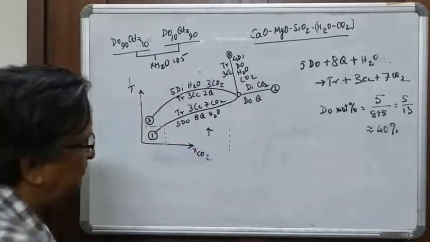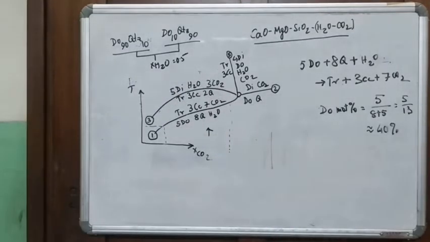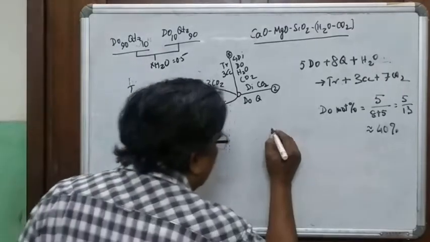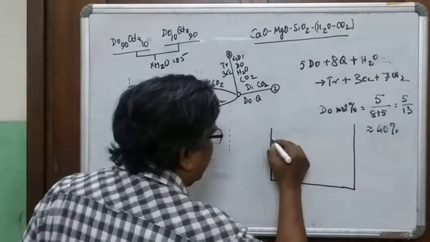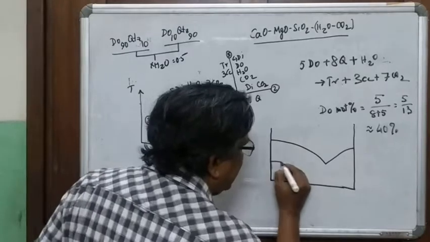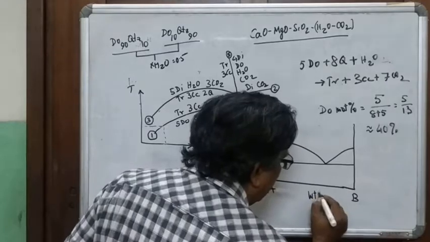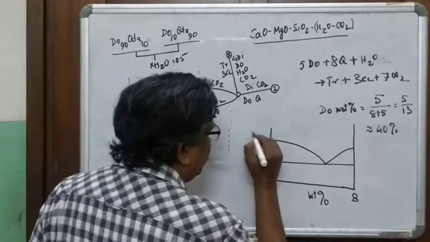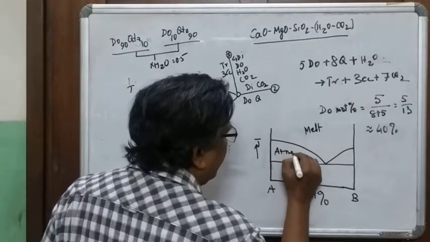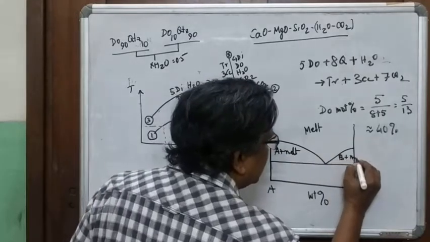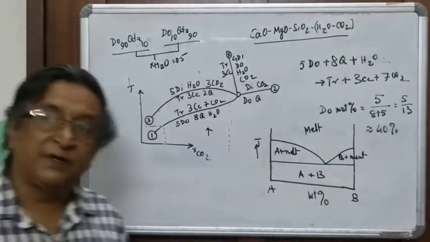I will remind you of another diagram which involves the same thing. I think you have studied it, but I don't know whether this has ever been told. Say, for example, I have this famous diagram, where you have A, B, weight percent, temperature, melt, A plus melt, B plus melt, and A plus B. It is a simple eutectic diagram of igneous petrology.